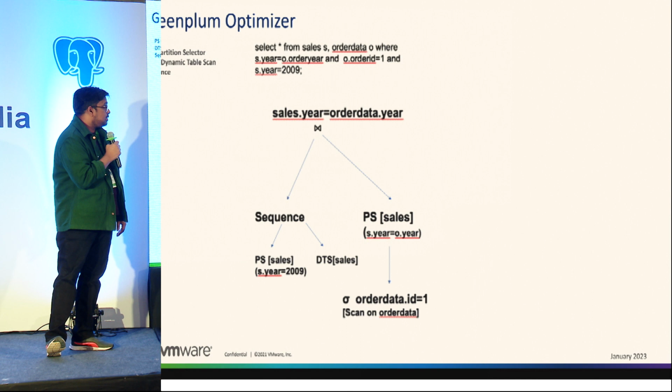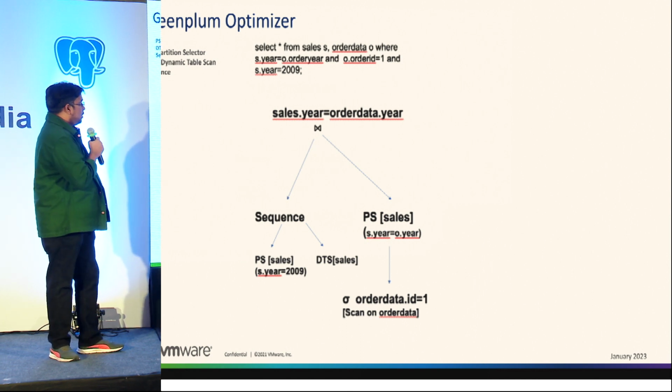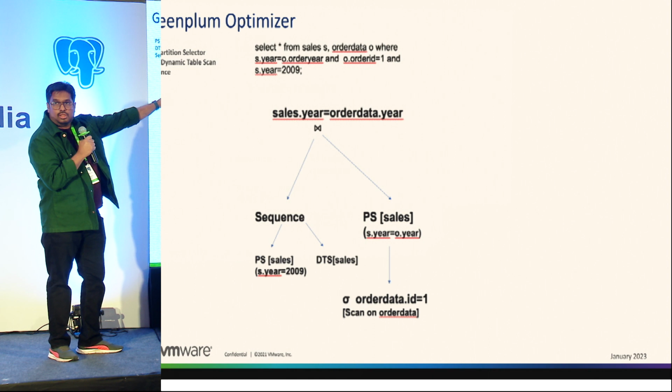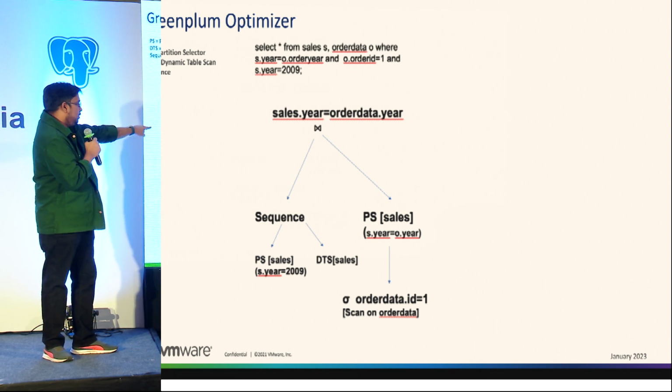We then look at a slightly more complicated plan based on our hash join. And now in this case, we also have a predicate on the sales table. The sales table now needs to eliminate 2 partition scans.